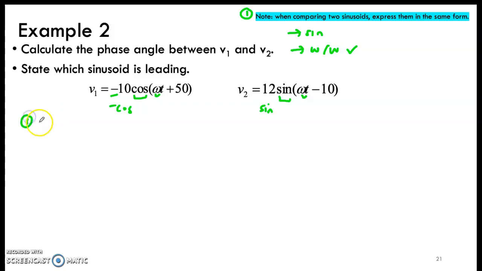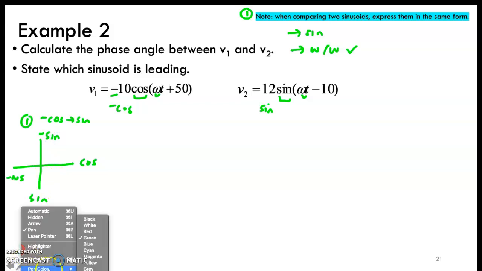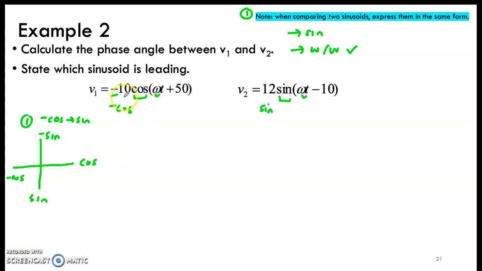First step, change minus cos to sine. Now let's redraw. Here is cosine, this is sine. Here is minus cos, here is minus sine. So you are going to change this minus cos, our function here is 10, to sine, right?